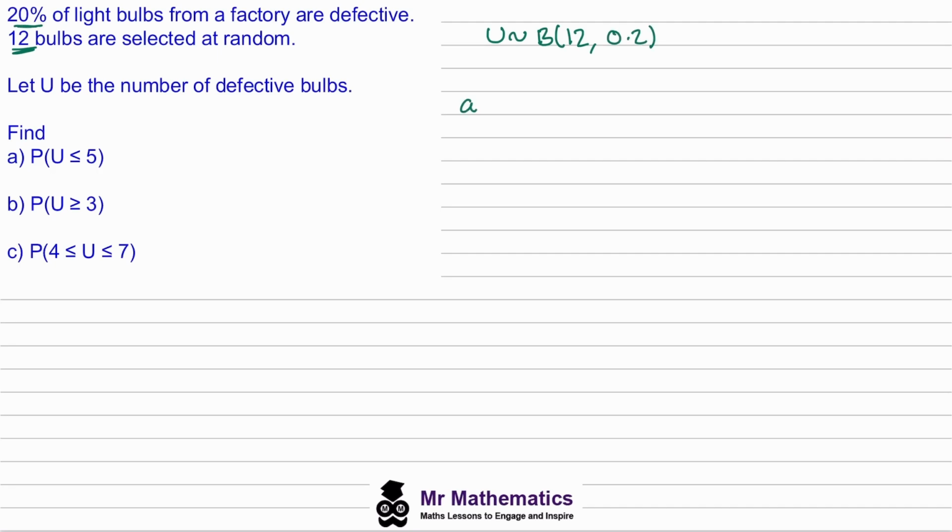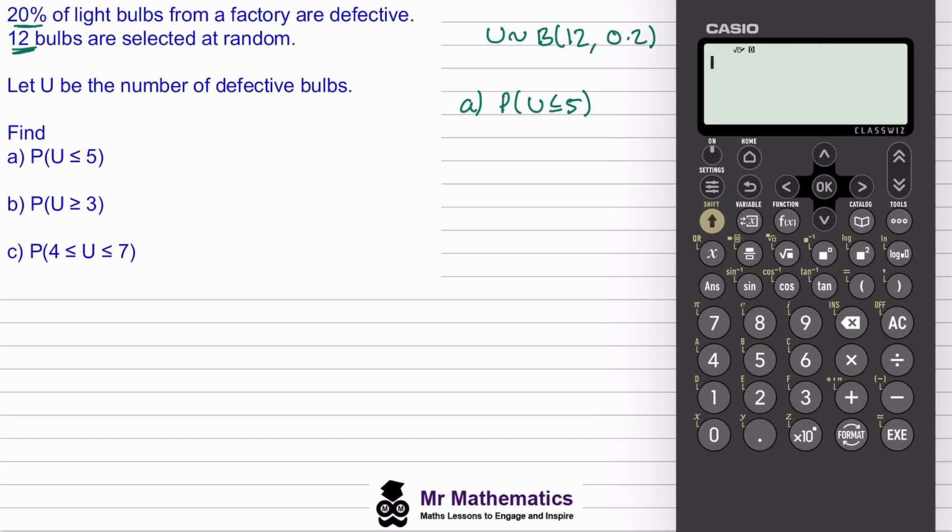For part A, find the probability of U being less than or equal to 5. So when we have less than or equal to, we can use the cumulative distribution on our calculators. If we go to Home, we'll choose Distribution. We want binomial CD, where CD is cumulative distribution. We'll choose Variable.